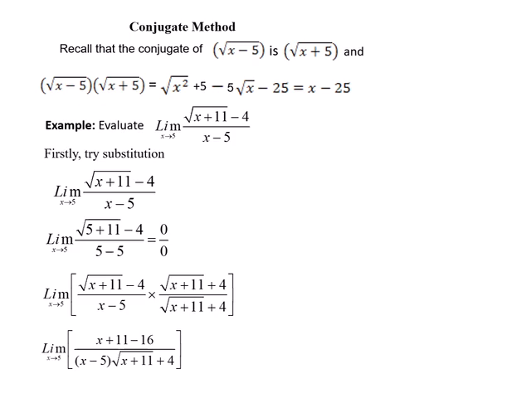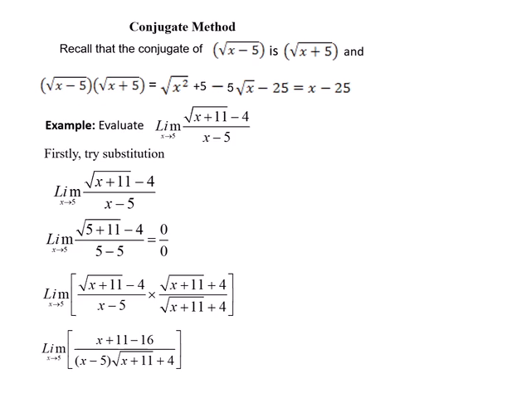Let's try direct substitution first, to see whether we get the value we're looking for. By the time we substitute the given value, which is 5, we have 0 over 0, which is undefined, indeterminate.